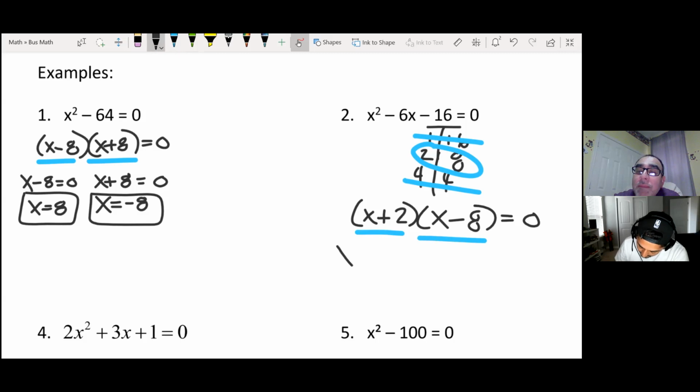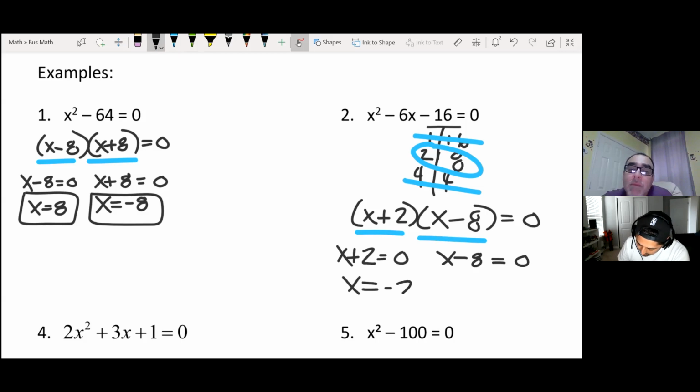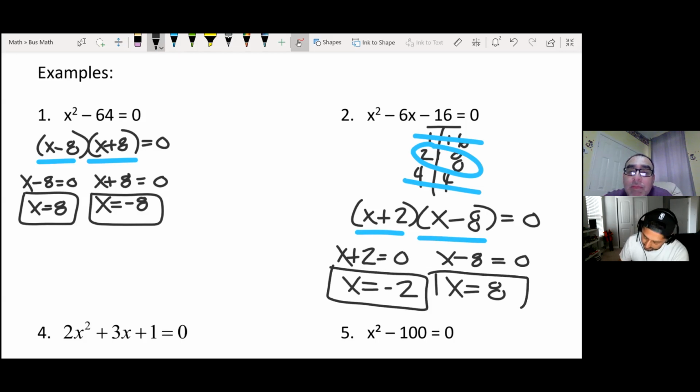So x plus 2 equal to 0, x minus 8 equal to 0. Solve for x: x equals -2, and x equals 8. And box, and box, and these are our answers.